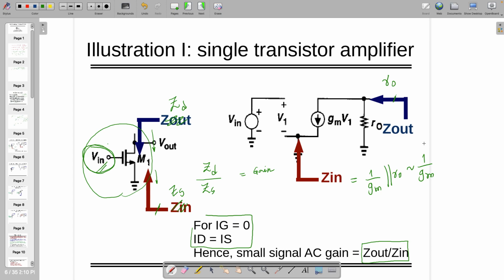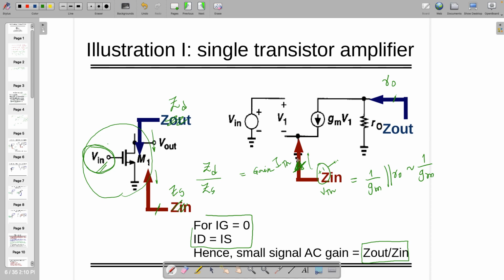However, when we are looking into the source side, as I'm saying, this is a trick or technique to achieve the gain and other things properly. When you are looking into this, you are applying the known Thevenin voltage here, and you are trying to measure the Thevenin current going inside.